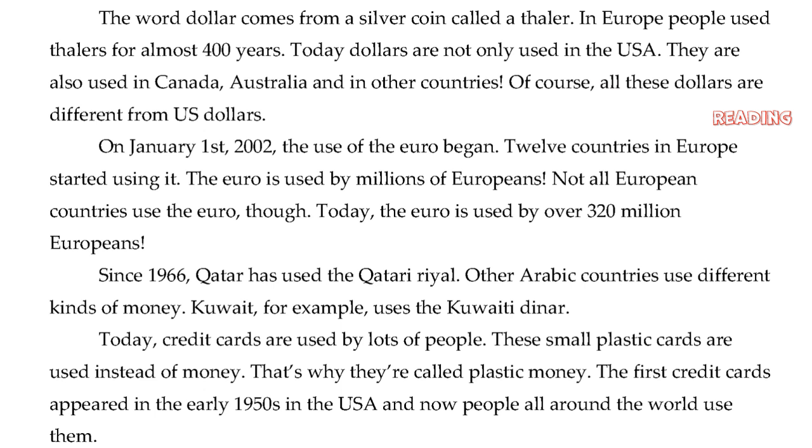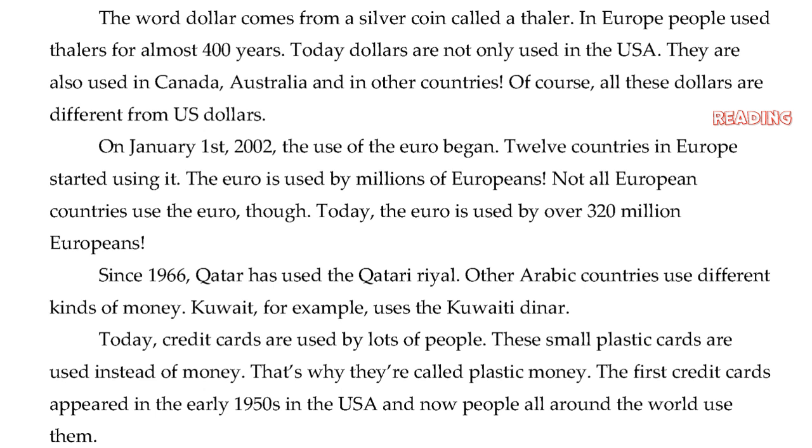The word dollar comes from a silver coin called a thaler. In Europe, people used thalers for almost 400 years. Today, dollars are not only used in the USA, they are also used in Canada, Australia, and in other countries. Of course, all these dollars are different from US dollars.